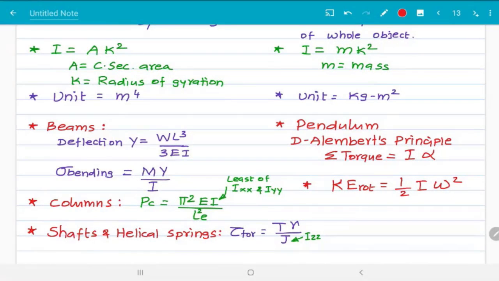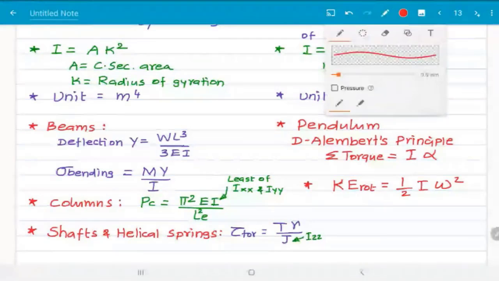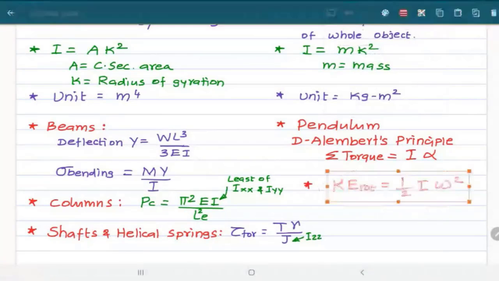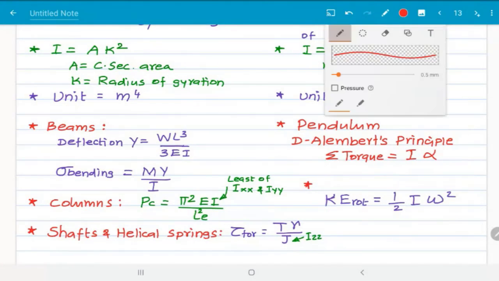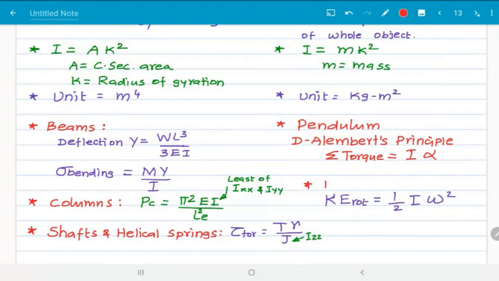I is mass moment of inertia in the flywheel, right?